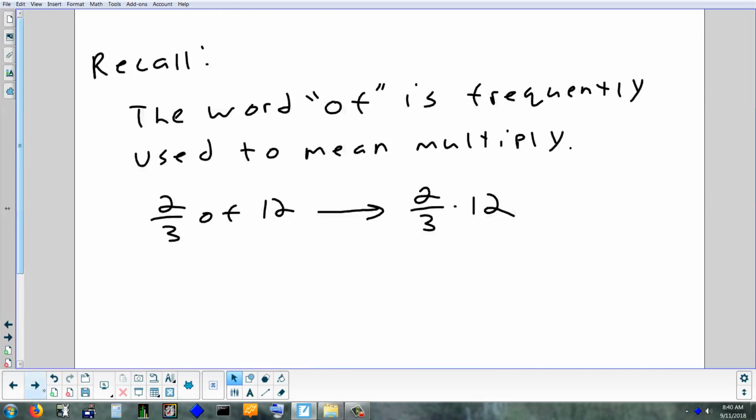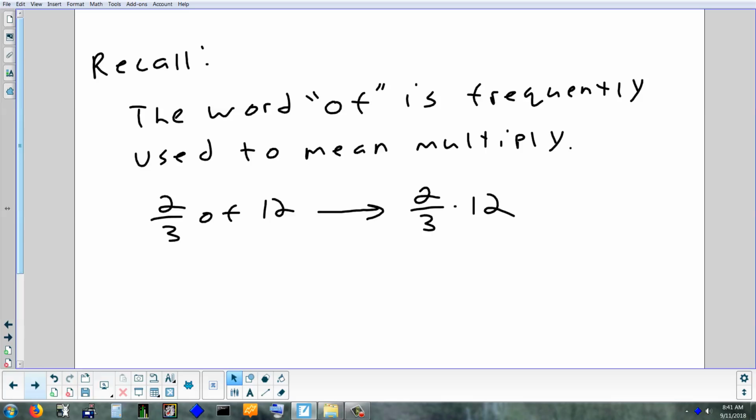Okay. So when we do word problems, the word "of" usually means multiply. Like if I said to you 2/3 of 12, that means to do 2/3 times 12. So we've got that list of important words: equals, is, decreased by, difference means subtraction.